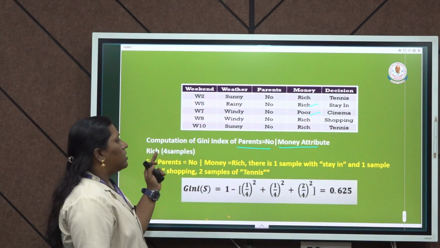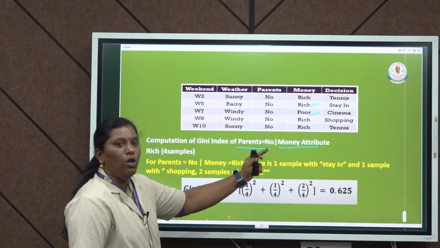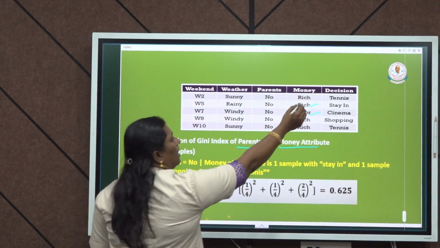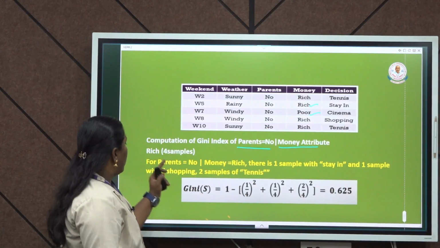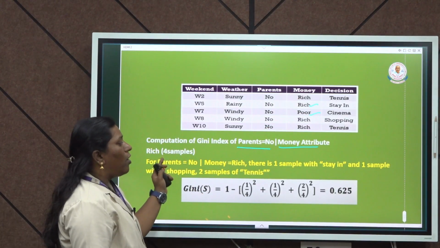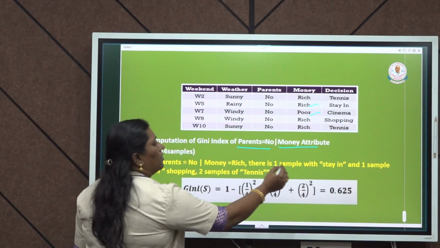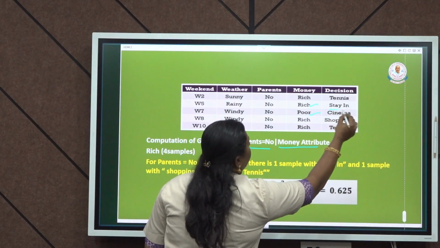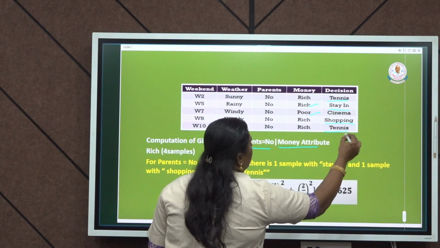First, we are going to calculate the Gini index for parent equal to no when the money is rich. Here the money is having 4 rich instances. Among the 4 instances, one sample is associated with stay in, one with shopping, and 2 with tennis.